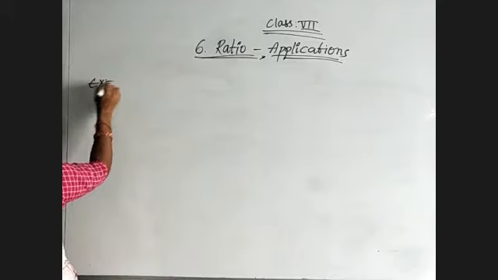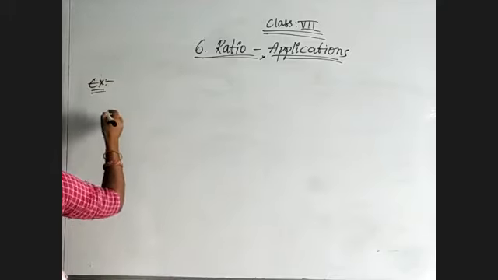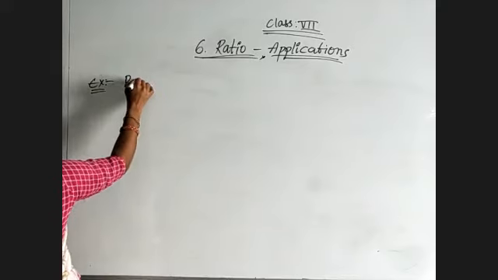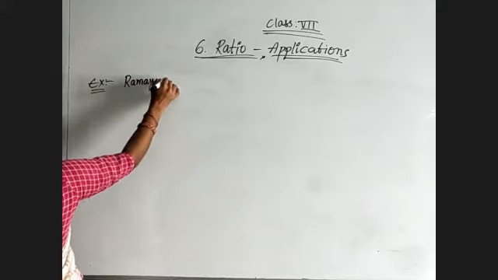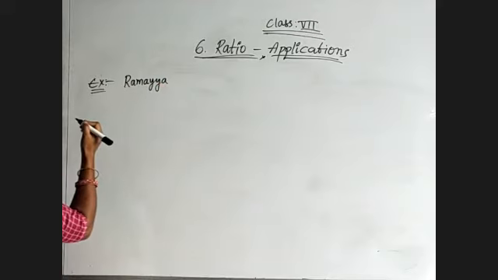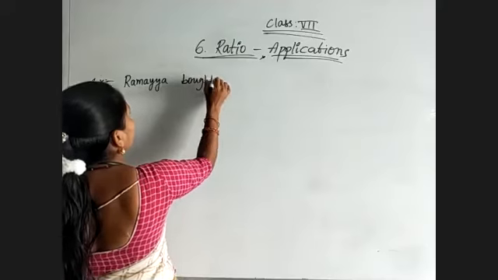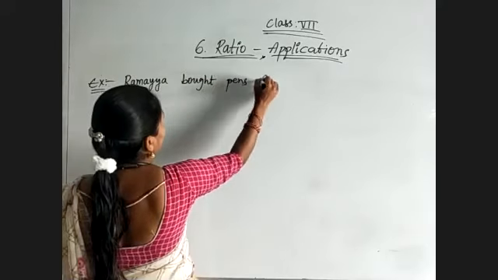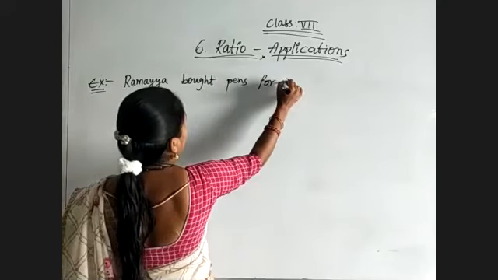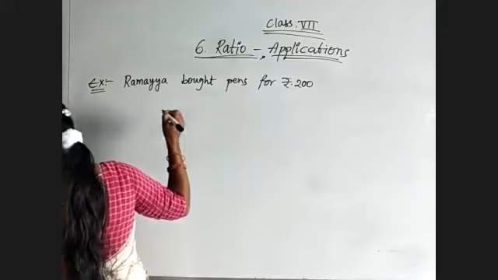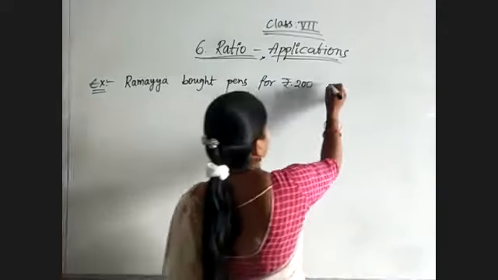So here an example problem is given. Ramaya bought pens for 200 rupees and he sold them for 240 rupees.